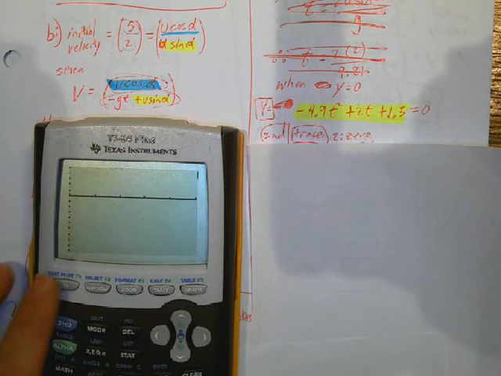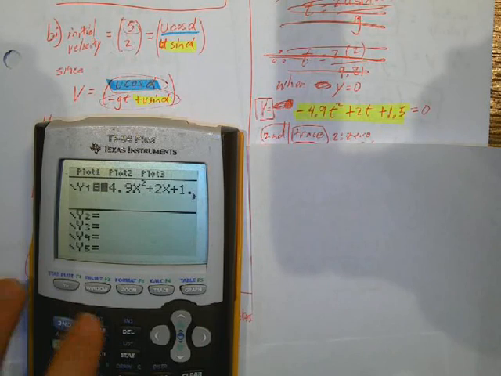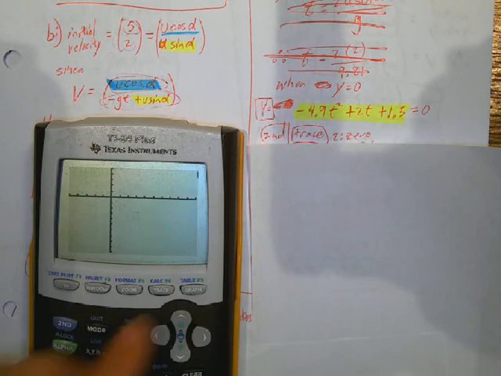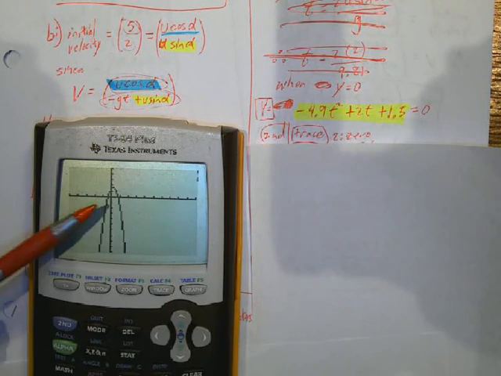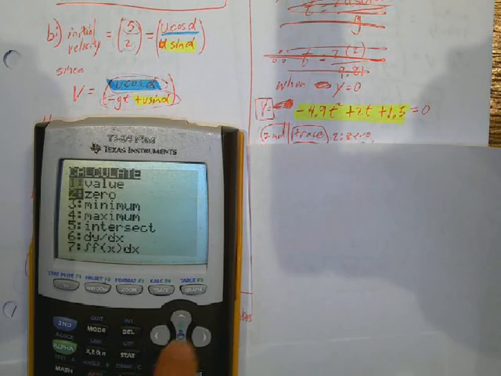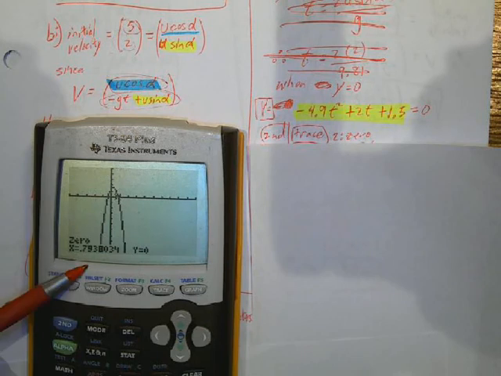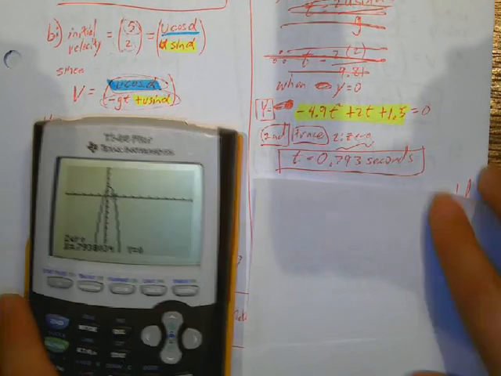Oops, negative 5, that's what I meant to type in. Now I want to find out when this is 0. Second trace, 0, enter. I'm going to find the right bound. Enter, enter. And it's at 0.93 seconds.